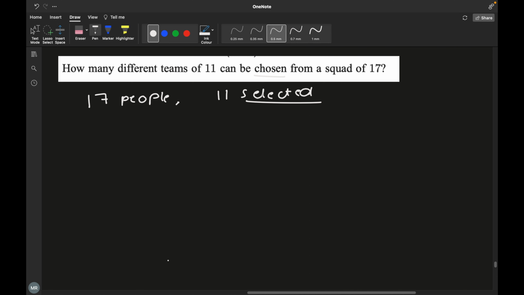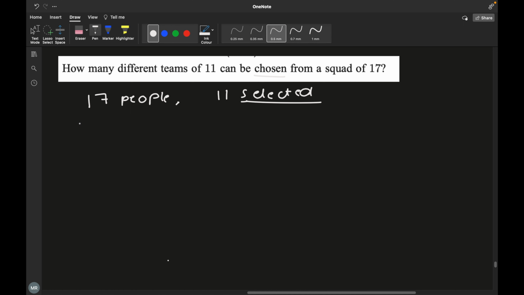If it said, how many different ways can 17 people be arranged, taken 11 at a time, then we would do permutation. But here, since they have been chosen, it means that we need to use combination.